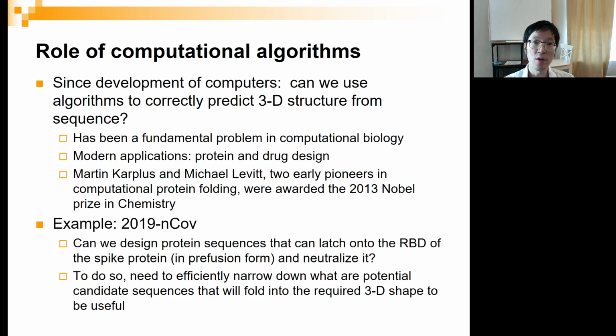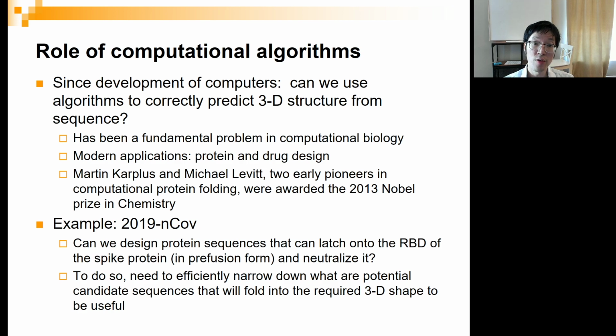Why is computation helpful? Well, we want to be able to efficiently narrow down what are potentially useful protein sequences that could accomplish this task. Essentially we're asking, what are some candidate sequences that could fold into a 3D shape that could potentially have a neutralizing effect? In simple terms, that's one way I can describe it.